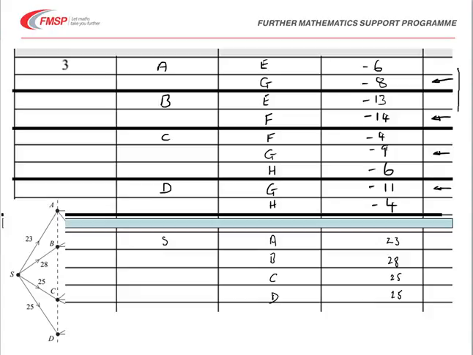And then again, looking at these numbers in the table here. So for A, it's -8. For B, -14. For C, -9. And for D, -11.